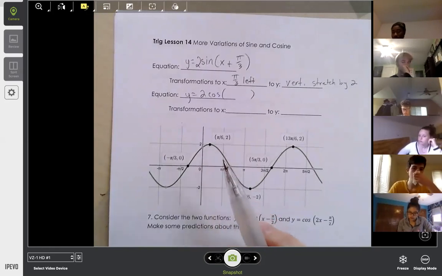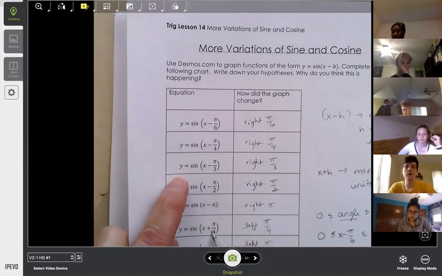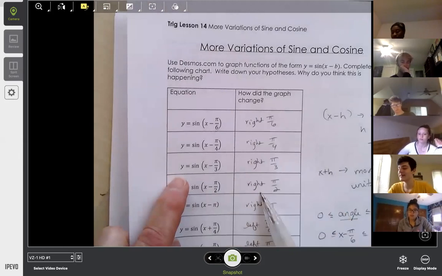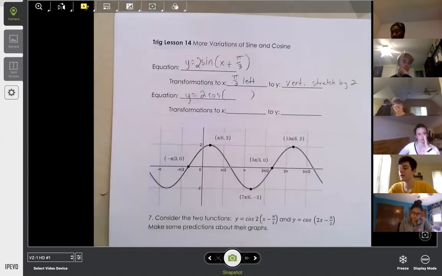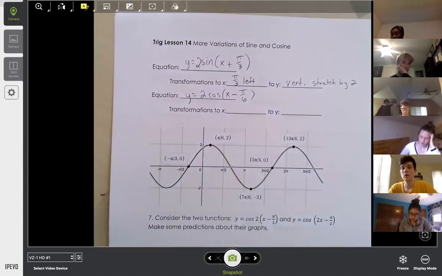But if we go back to this first page, when I had x pluses, it moved to the left. When I had x minuses, it moved to the right. So it's going to be an x minus, and I'm starting at pi over 6 instead of at 0, so it's x minus pi over 6.